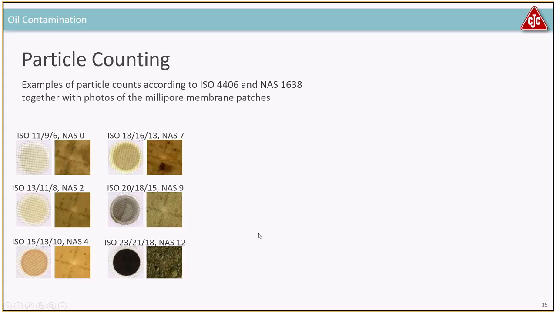Mostly people are not using membranes, but a laser particle counter that is counting, you could say, the shadow of the particles that are obstructing the light, and this will then give a number of particles.